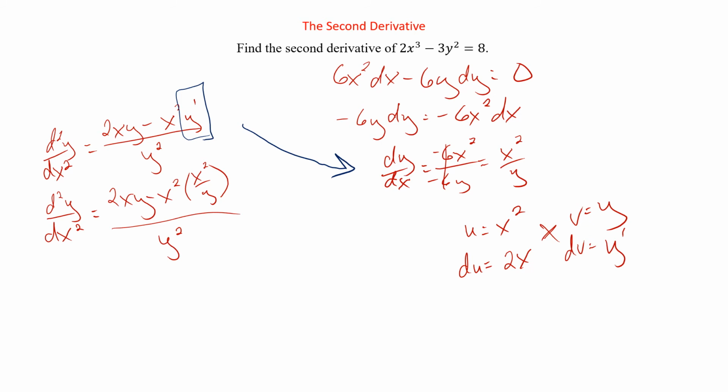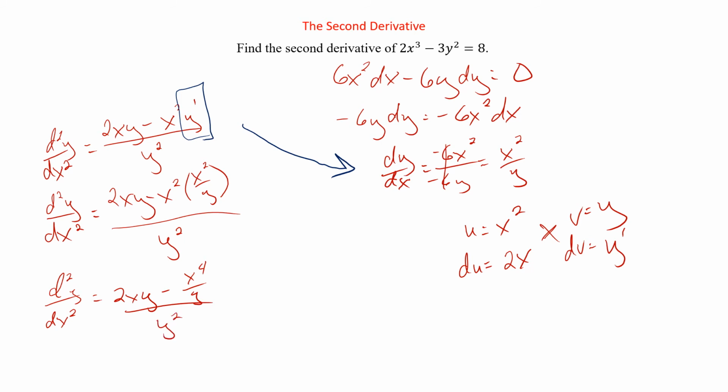We can simplify a little bit, like we could multiply those. So we have d squared y over dx squared equals 2xy minus x to the fourth over y squared.